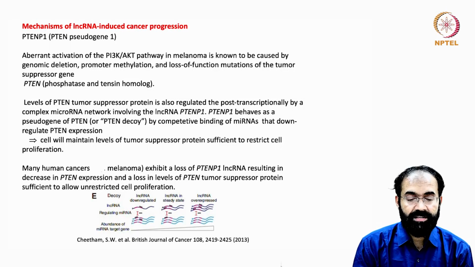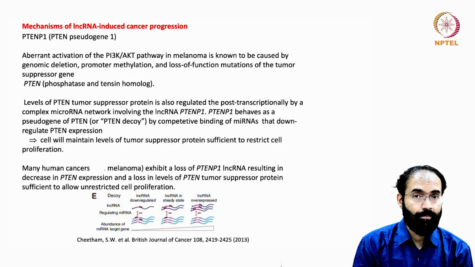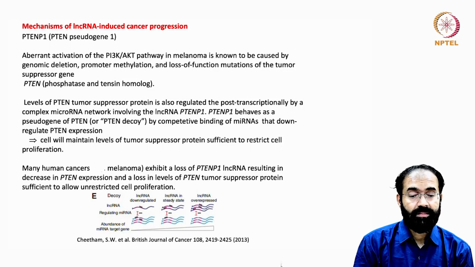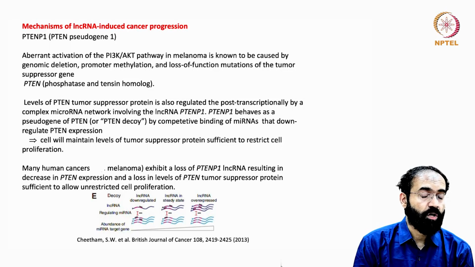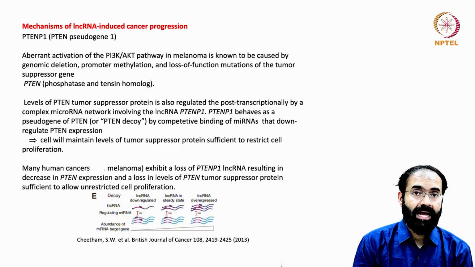So what we should understand is that the PTEN decoy, that is PTENP1, is absent from the melanoma cells, which can lead to a prolonged decrease in the PTEN levels itself, because PTENP1 is acting as a decoy and its expression is missing, and this eventually leads to decreased levels of PTEN.